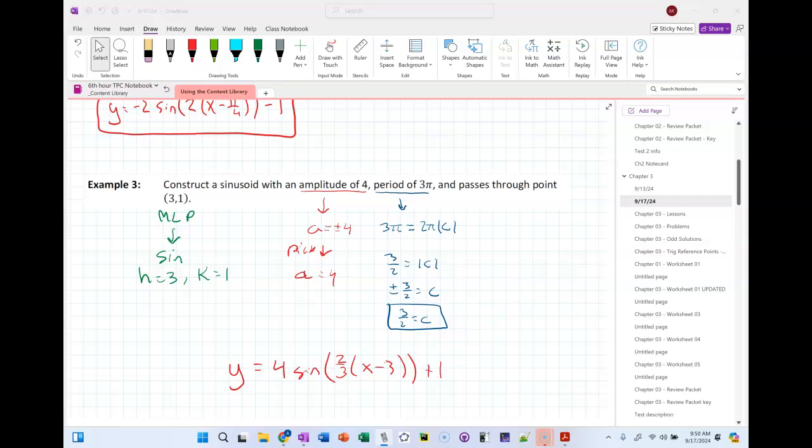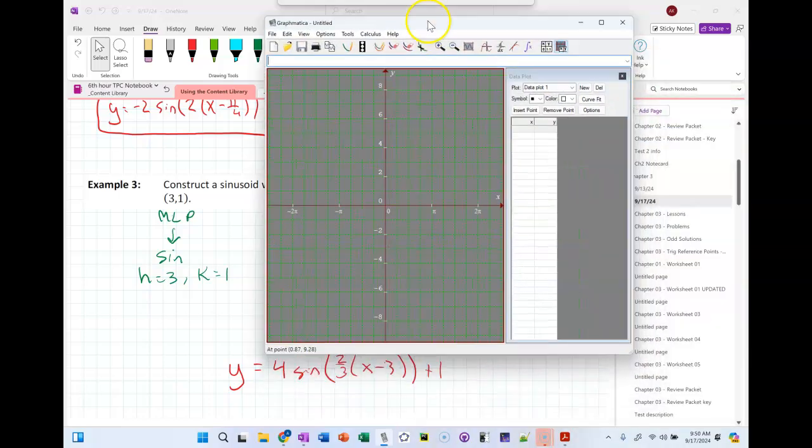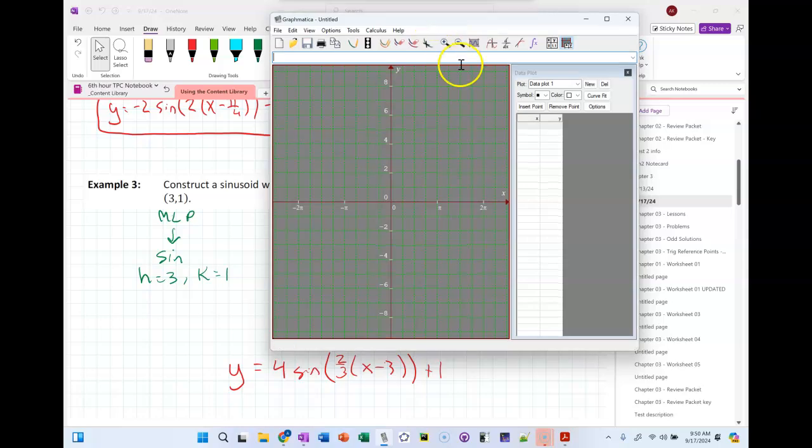Okay. I just want to illustrate to you visually. So here's the point 3, 1. That's that spot in white. If I graph y equals 4 sine of 2/3 x minus 3 plus 1, goes right through it.